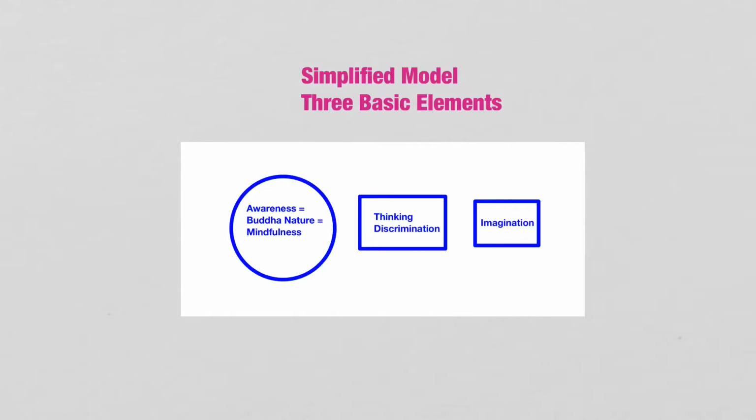And often this awareness is named or labeled as mindfulness. So these are the same thing. Awareness, Buddha nature, mindfulness, they are the same thing. They are our human mind function, the natural function, or the natural elements, depending on how you want to call it.